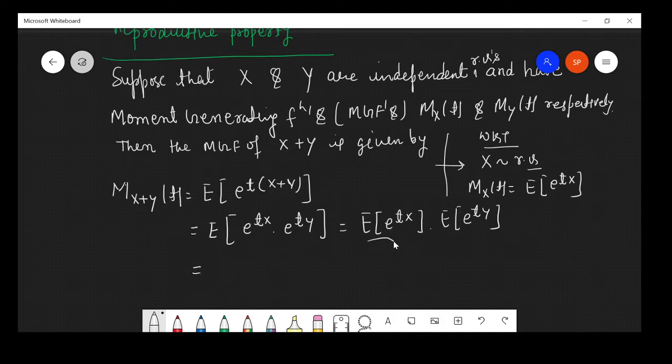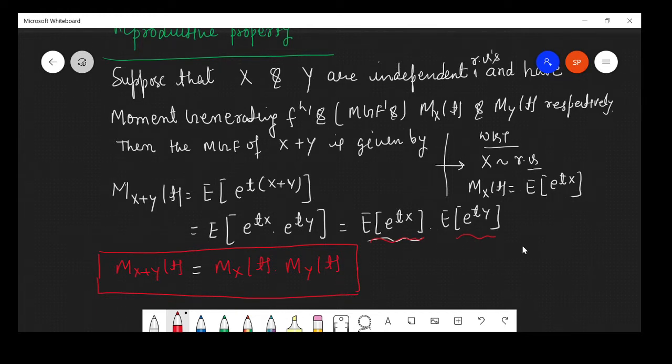This is the moment generating function of X and this is the moment generating function of Y. So the moment generating function of X plus Y at t is the product of the moment generating functions of X and Y.